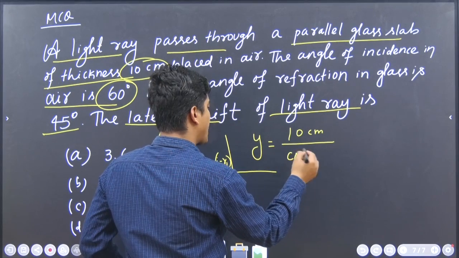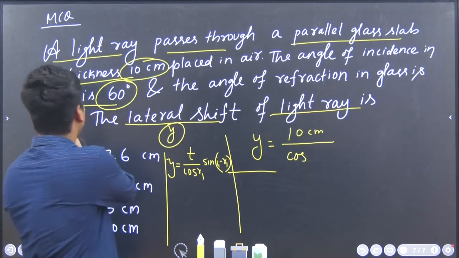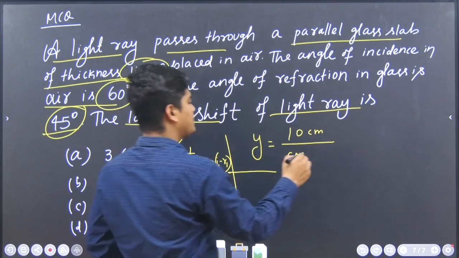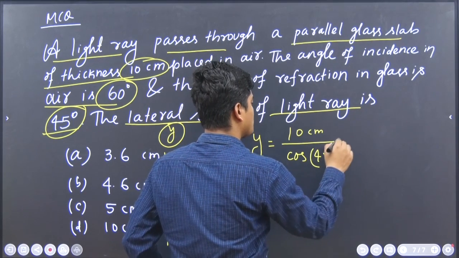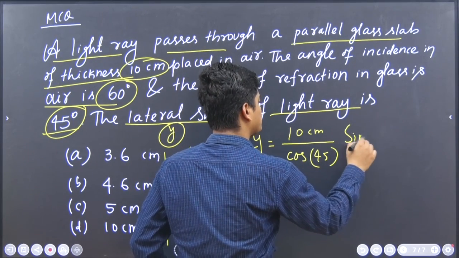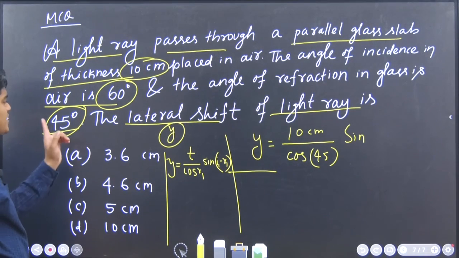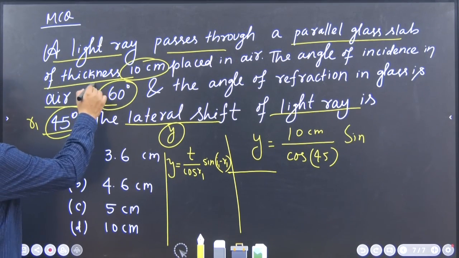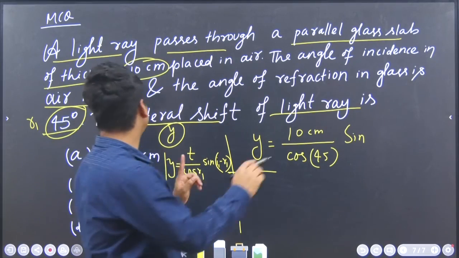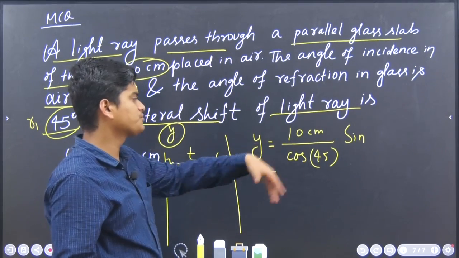Cos R1, R1 is 45 degree, so write cos 45. Then sin of I1 minus R1, 60 is the incidence angle and 45 is R1, so you can write 60 minus 45, that means sin 15.